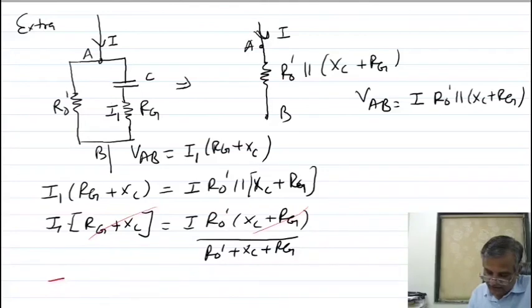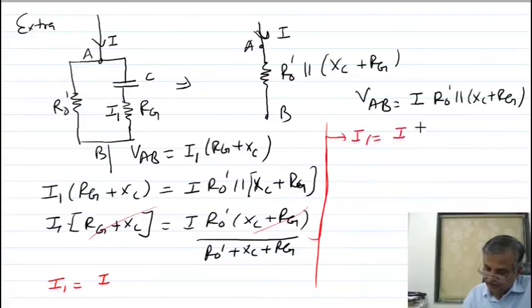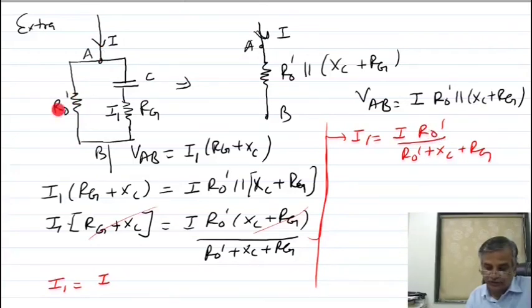So I can write current I1 is nothing but total current into opposite resistance upon total resistance. See, this current is total current multiplied by opposite resistance upon total resistance. So this is called current distribution law.